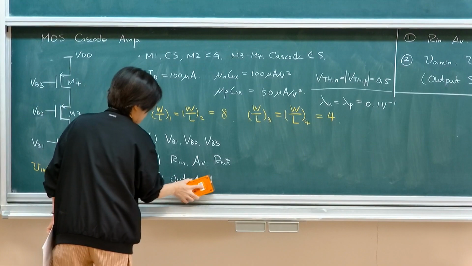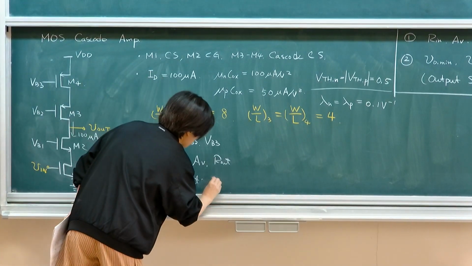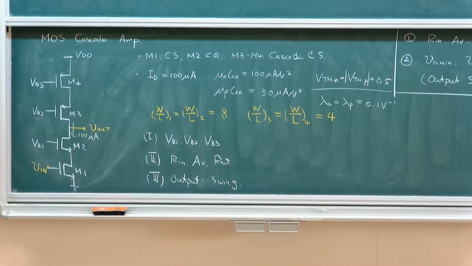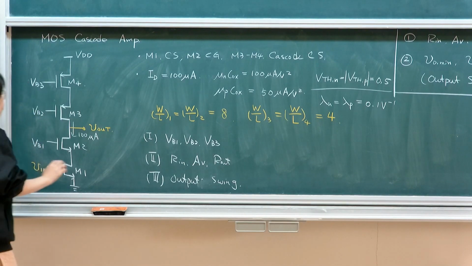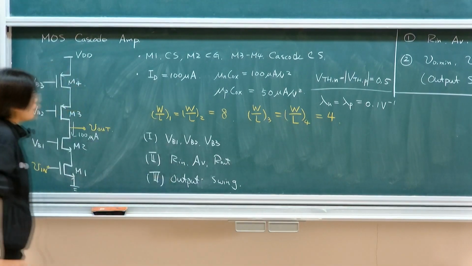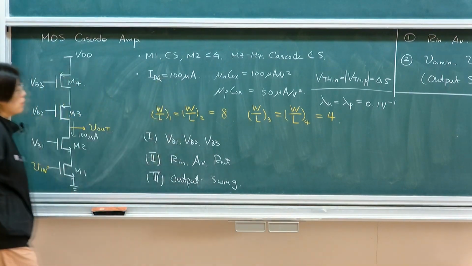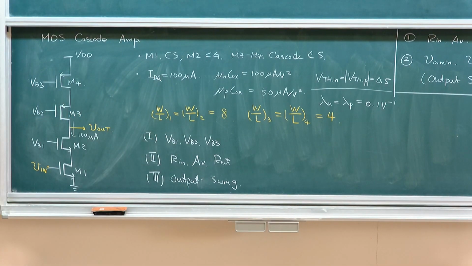So how does one approach these questions? You need to determine these 3 biasings so that your IDQ is 100 microamp quiescent current.